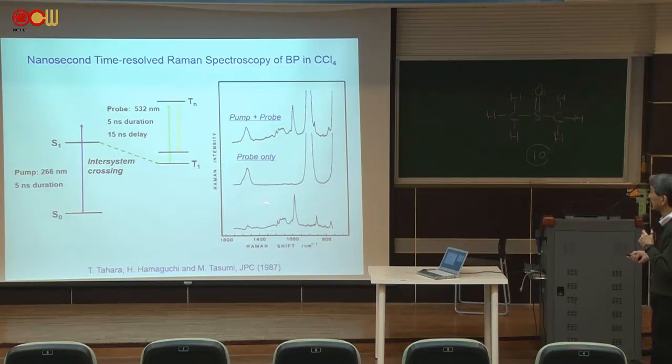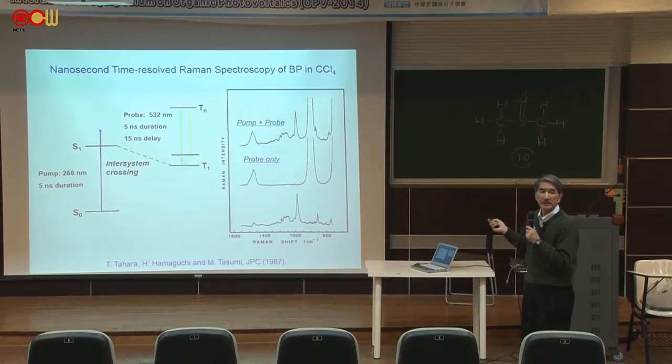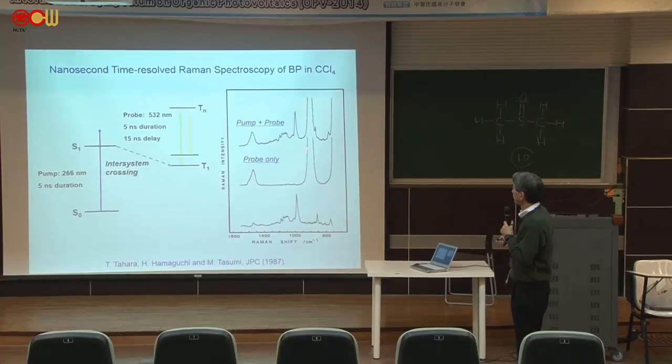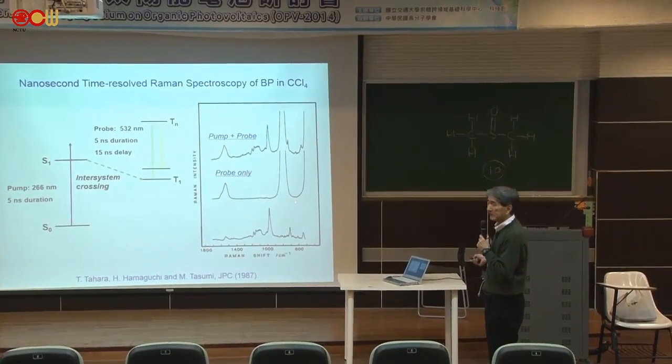So the result is here. Probe only means we do not excite benzophenone. So we just see the solvent bands, which is carbon tetrachloride, whose spectrum I showed in the very beginning. So this is a very huge solvent band of carbon tetrachloride.